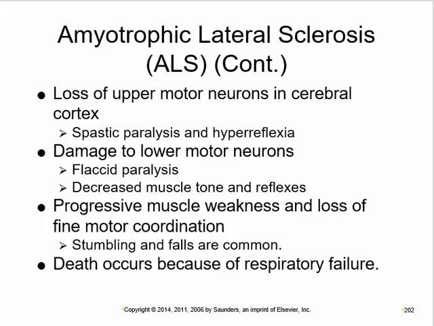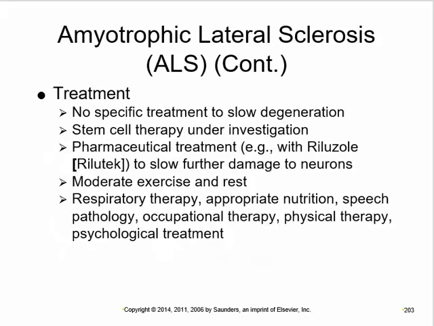Progressive muscle weakness then follows, stumbling, falling, and eventually the respiratory muscles become so weak that they can't breathe. Normally the progression speeds along quite quickly. They don't really know how to treat it.